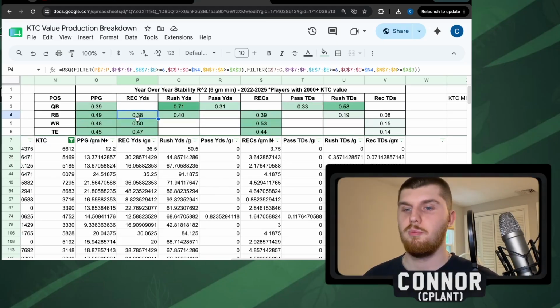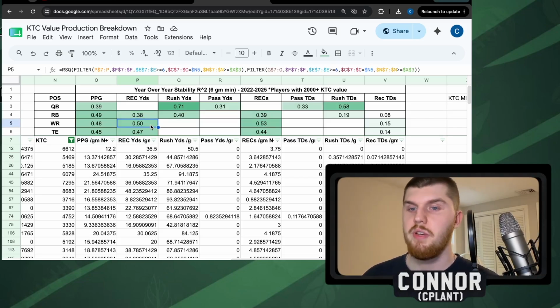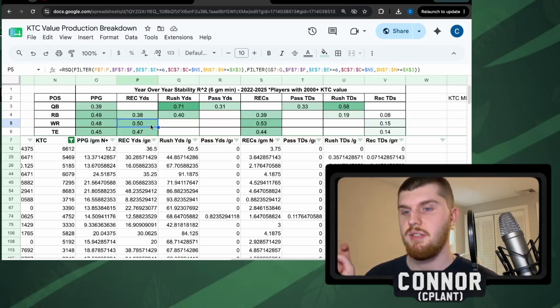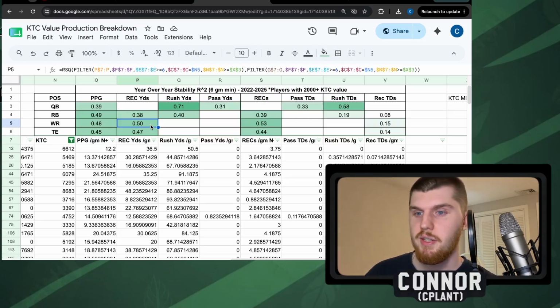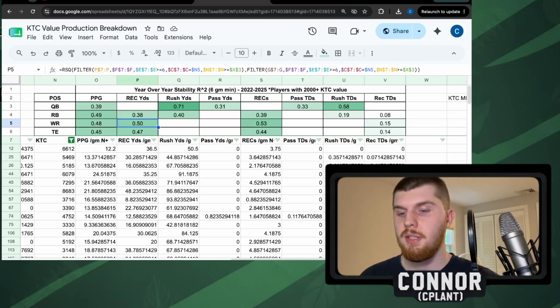So you're roughly saying, if somebody had 100 receiving yards, their next season's expected receiving yards is like 50, right? It's not exactly what I'm doing here because I'm using KTC value. So if you had 1,000 KTC value points in receiving yards, the stable value for their receiving yards would then be half of that, 500 KTC value points. So it's simply doing that.